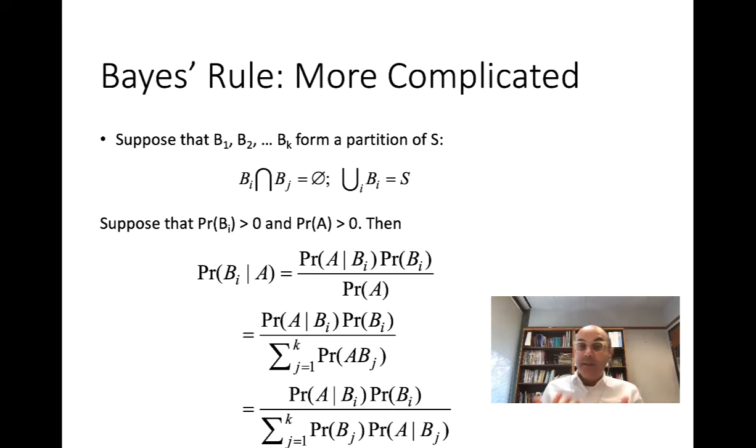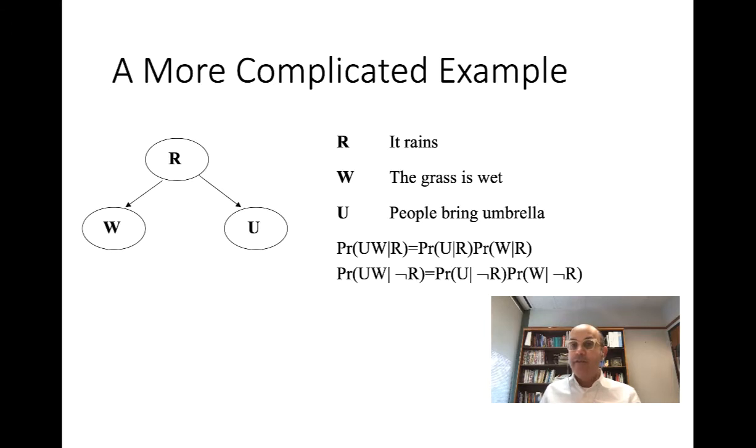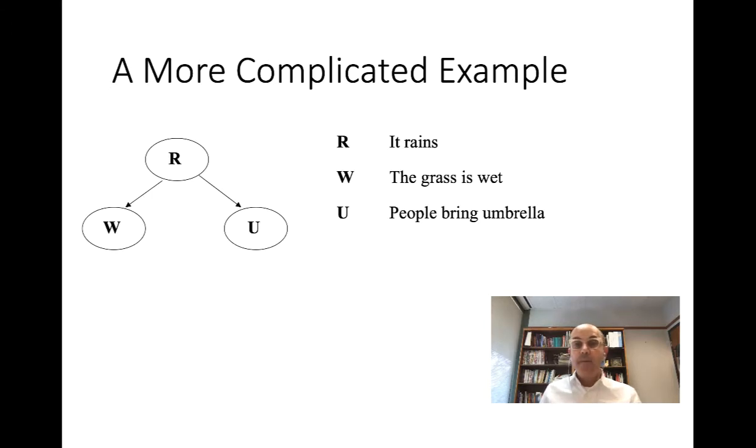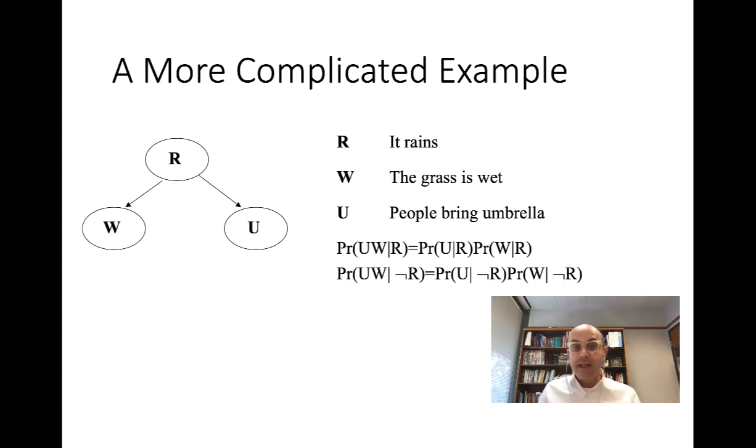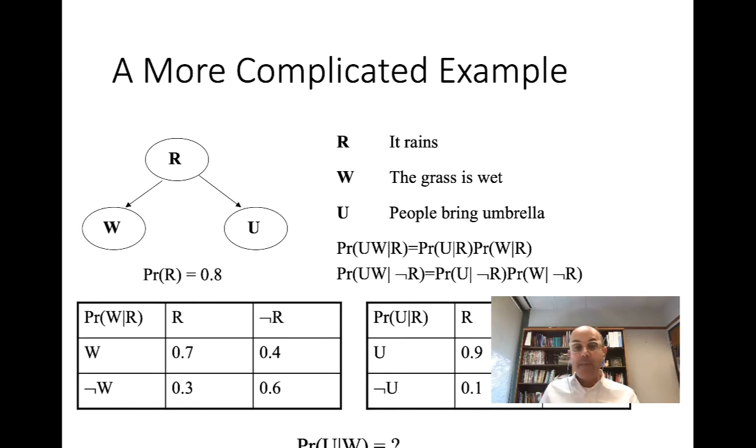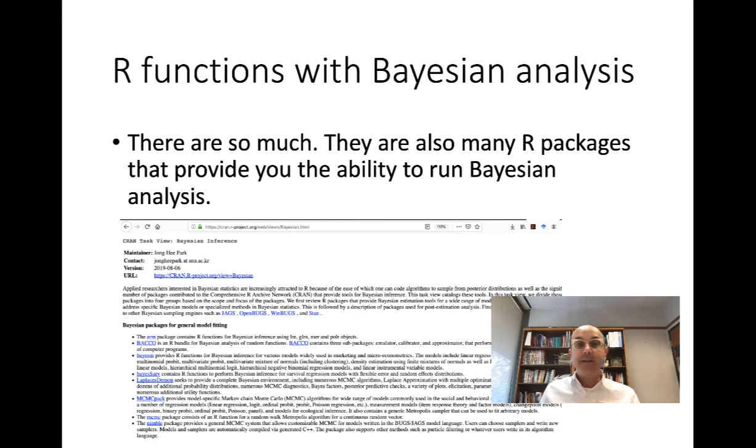And again, this is the end product, or the end formula that we will run, and at the end of the semester we will be able to run it in R. So again, a more complicated example: it rains, the grass is wet, and people bring umbrellas. There are three dimensions, and this is how we apply it and how to define it.